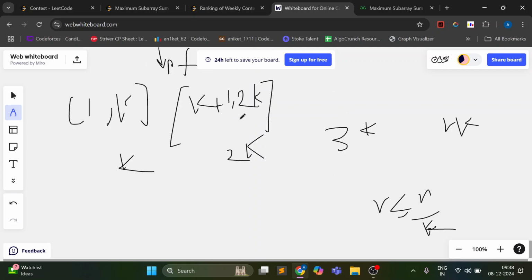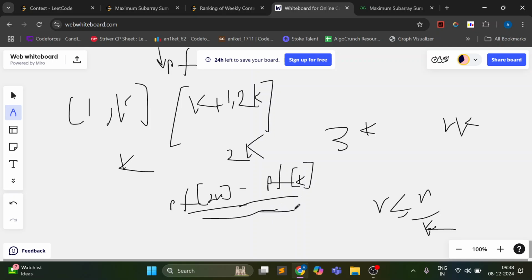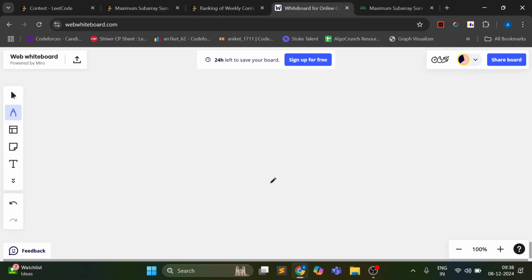So to find the subarray from k plus 1 to 2k, you take prefix of 2k and subtract prefix of k. That's the important observation, the use of prefix sum, is that you can find a subarray sum with a start point and an end point.